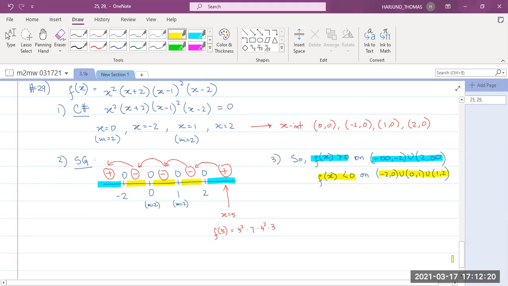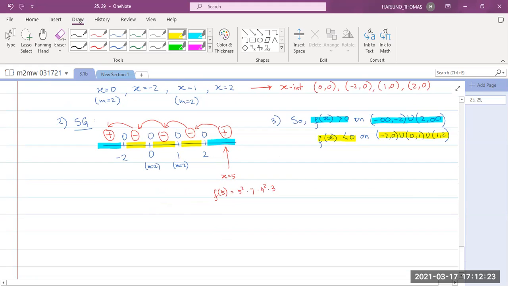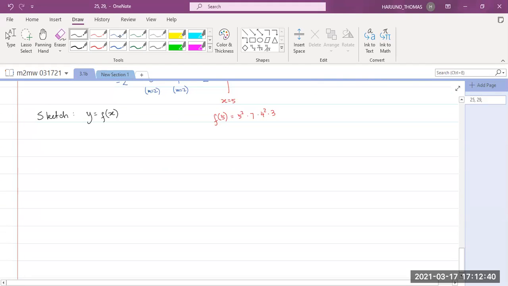Okay, now then, as a follow-up question, suppose I want to sketch the function y equals f(x). Now we already have the x-intercepts and also the y-intercept, right? There are a lot of x-intercepts here, but the y-intercept is (0, 0).